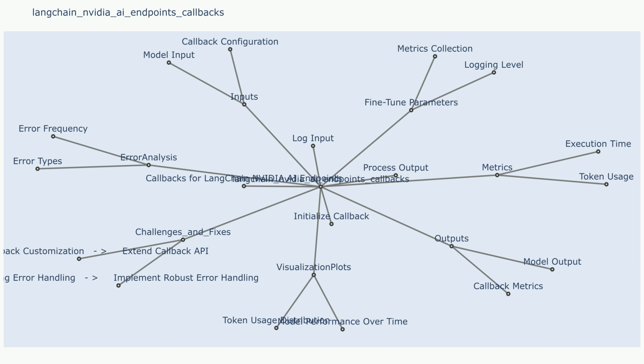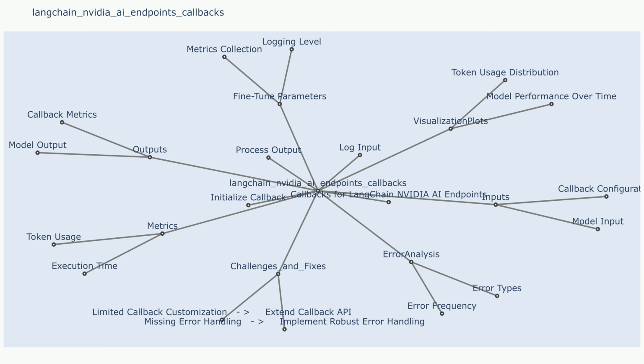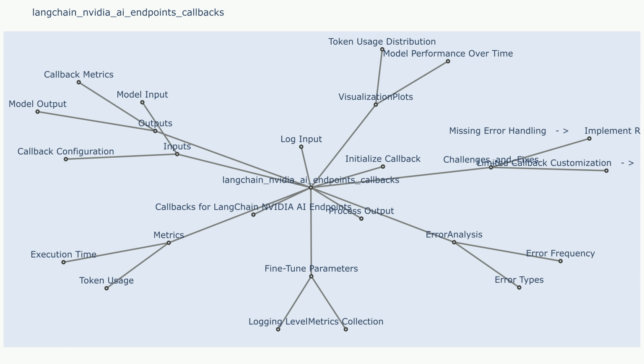Steps: initialization: the callback is instantiated and configured with the desired settings, such as the logging level and the data to be captured. Event handling: the callback listens for events triggered by the LLM application and processes them accordingly.